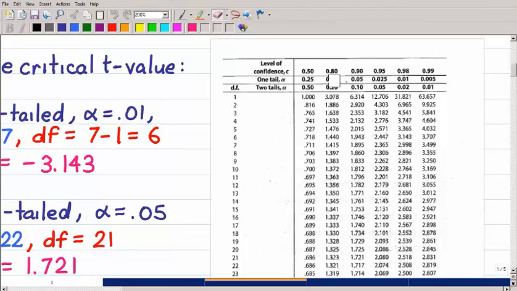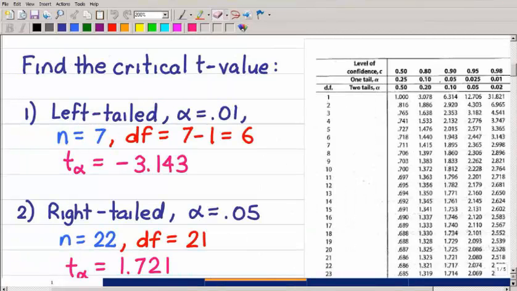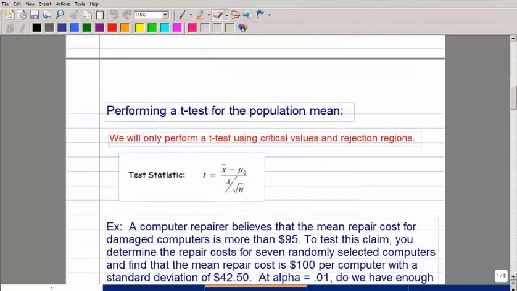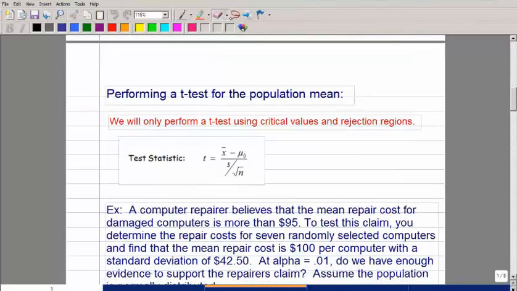Also, be careful on this chart not to confuse 0.01 with 0.10. That can be done if you're not careful. All right. Now let's look at how we're going to perform a t-test.